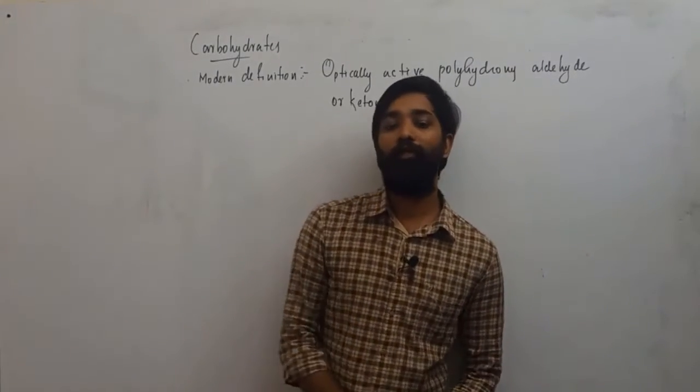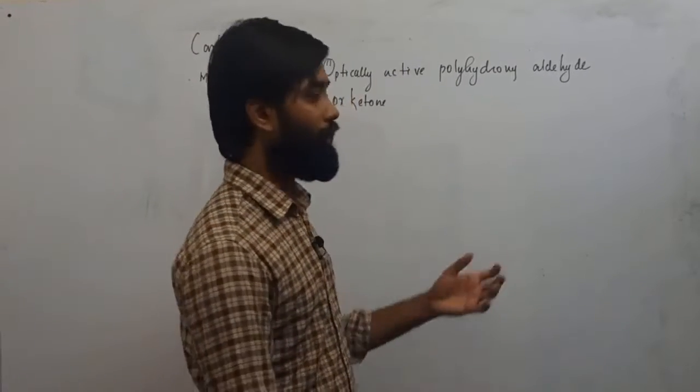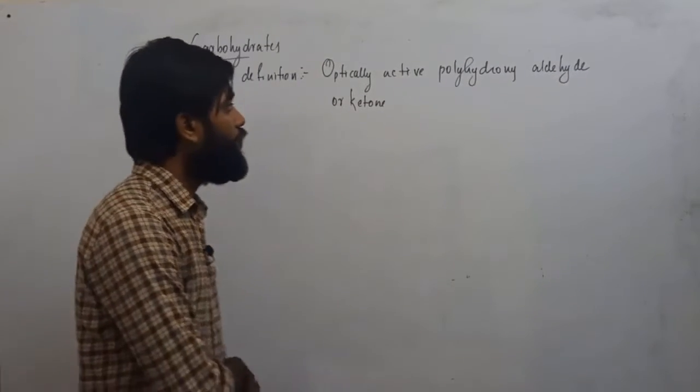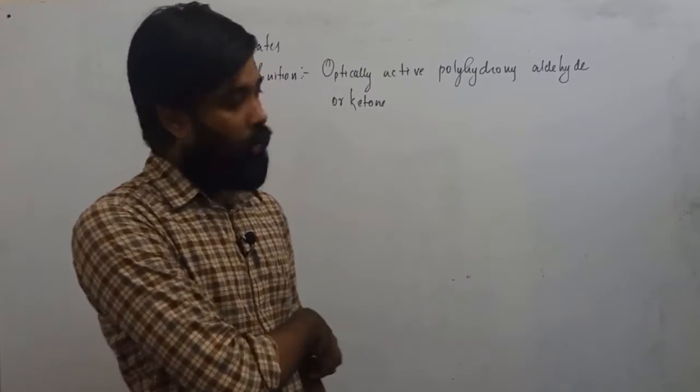Optically active means there may be asymmetric carbons, optical centers, chiral centers. Polyhydroxy means there are a number of OH groups. The main functional group is either an aldehyde or a ketone.